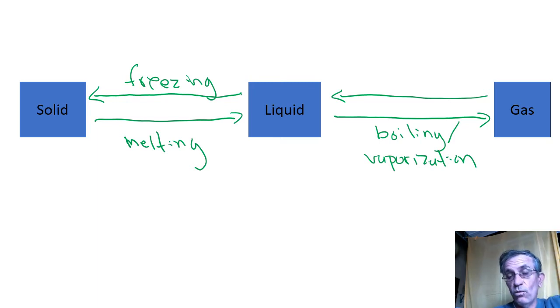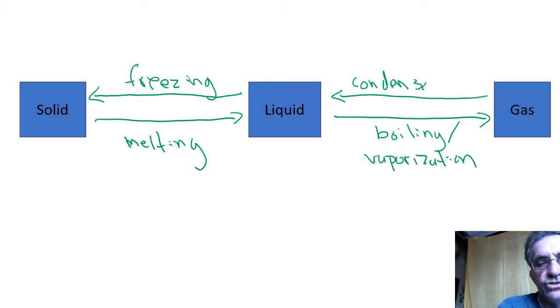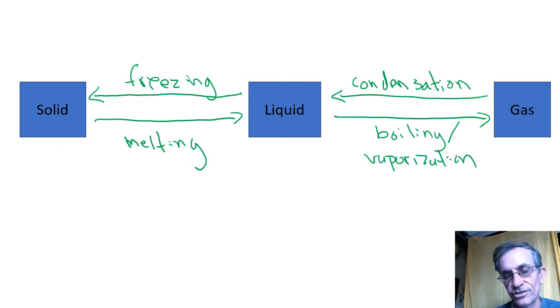So you might go outside and say, oh man, there's a bunch of condensation on my car. So this is called condensation. Condensation is when you go in the other direction.